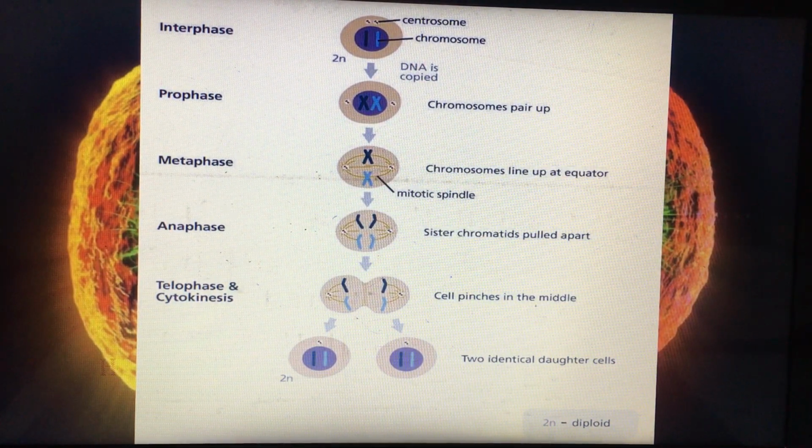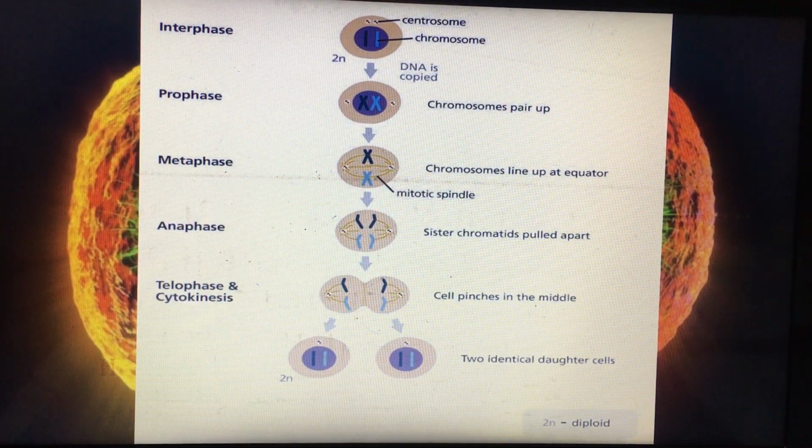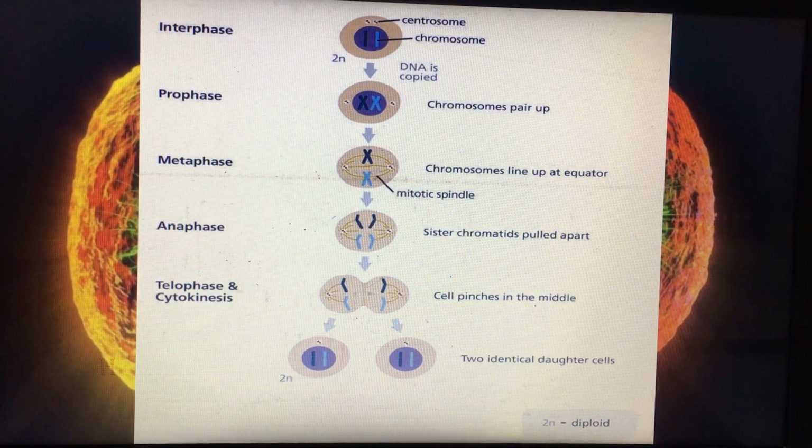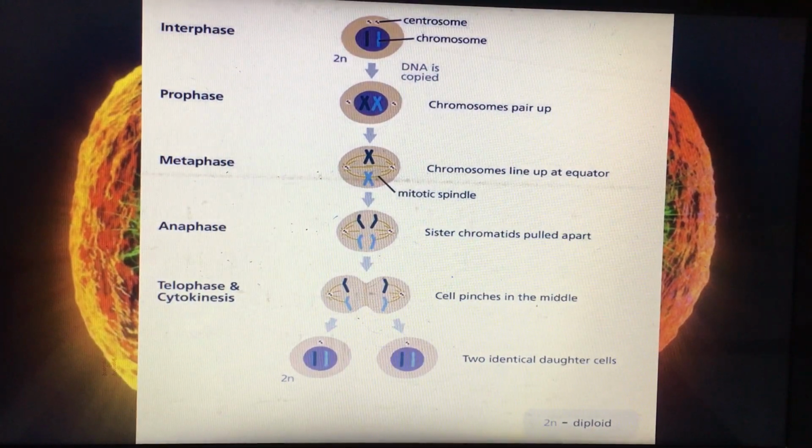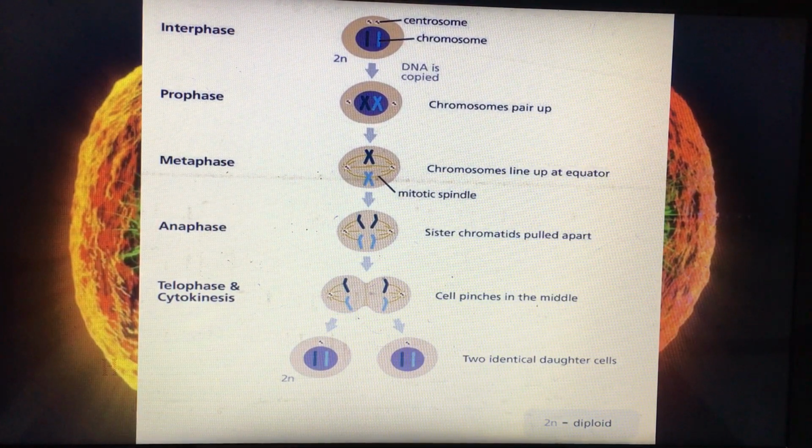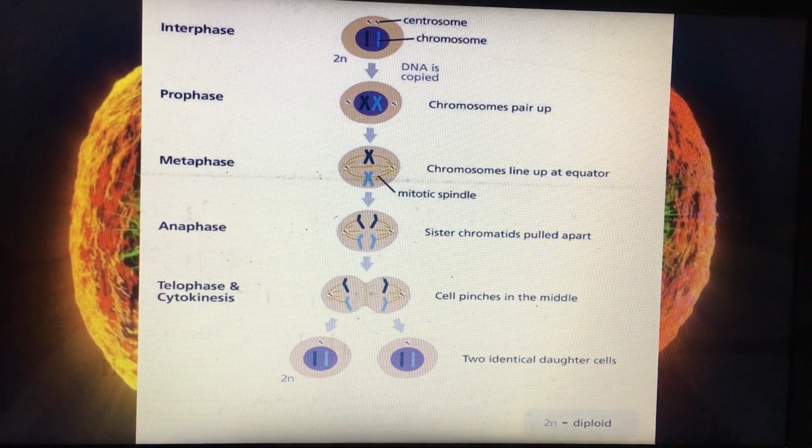Both chromosomes in a homologous pair have the same genes in the same positions. So let's start here. We have 2 chromosomes. That means we have 1 homologous pair of chromosomes.